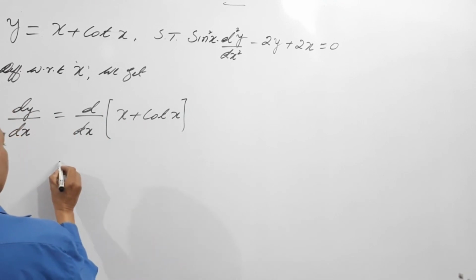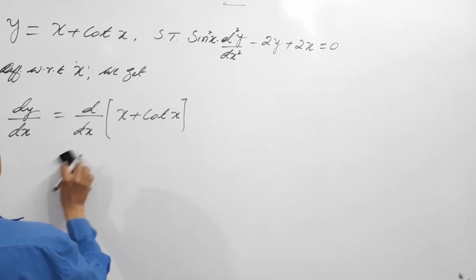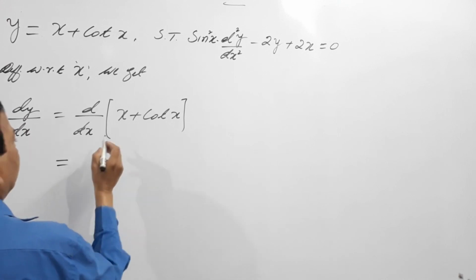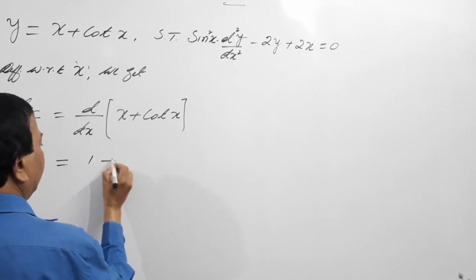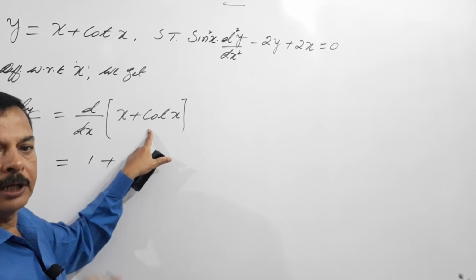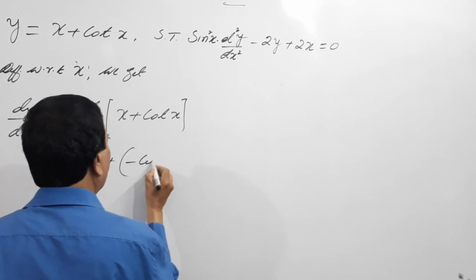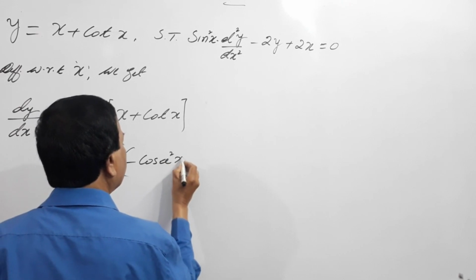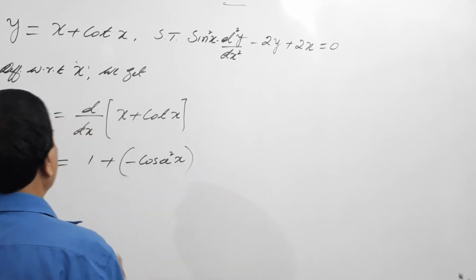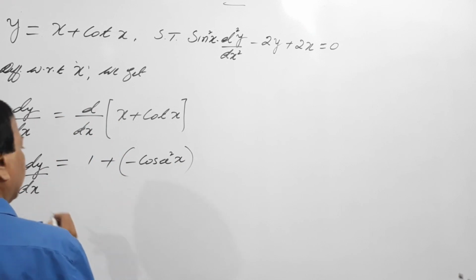What happens here? This becomes 1 plus, if we differentiate cot x, it is minus cosecant square x. So I put that within the brackets, minus cosecant square x. So this is what our dy by dx.